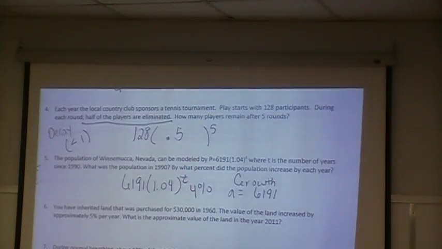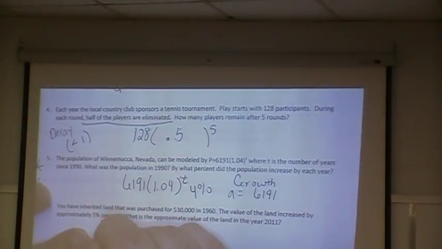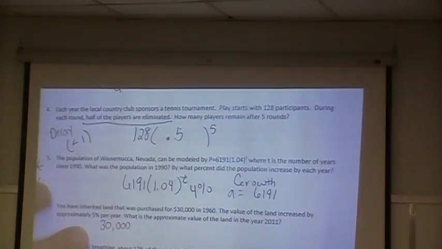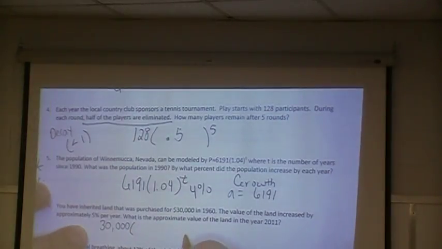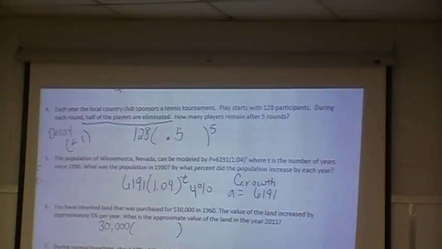What'd you start with on this one? 30,000. Must have been a pretty good sized piece of land for $30,000 in 1960. Or a nice location.